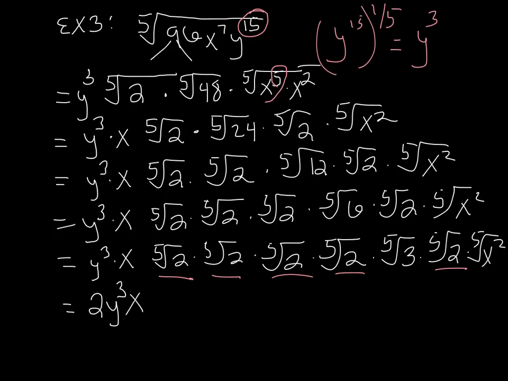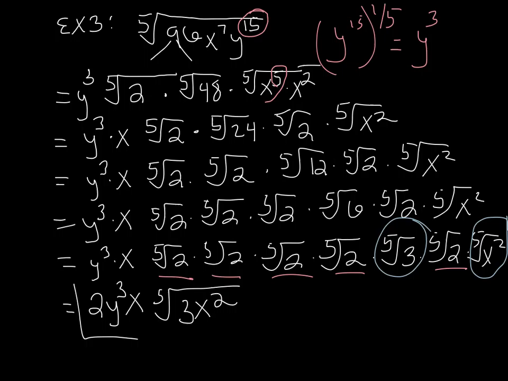And then what is going to be left on my inside? Well, it'll be the 5th root of, we have a 3. So that's left, and that's left. So 3x squared on the inside. Okay, and then this will be your answer for that one.